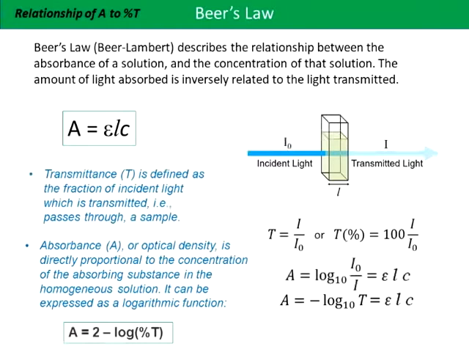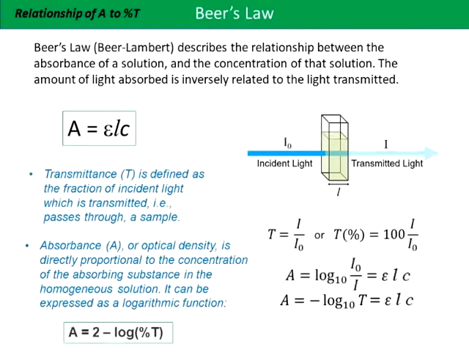Absorbance, or the optical density of the solution, is directly proportional to the concentration of the absorbing substance in the homogeneous solution. It can be expressed by a logarithmic function that relates the percent T to the absorbance. That expression is A equals 2 minus the log percent T.